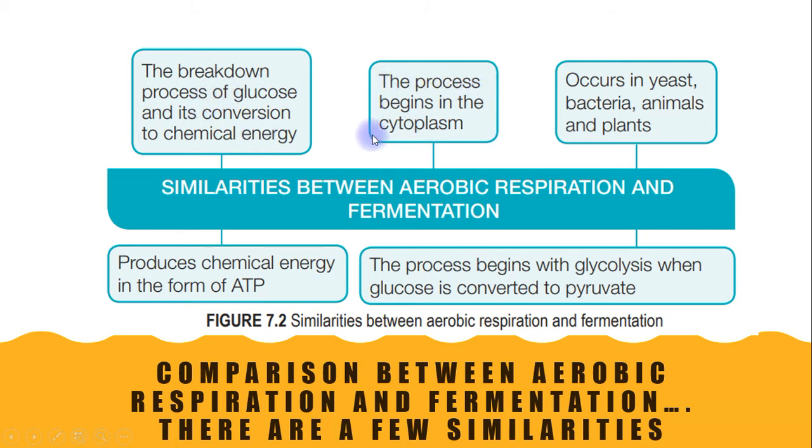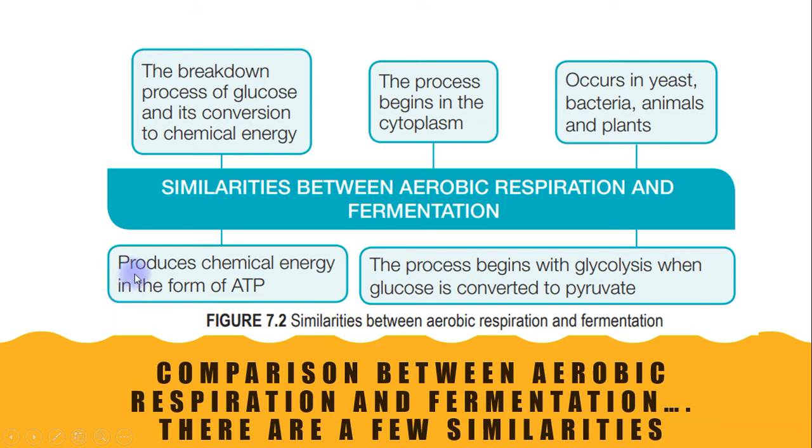Second, the process begins in the cytoplasm. Do you still remember the breakdown process of glucose? It starts with glycolysis, and glycolysis occurs in the cytoplasm. Third, aerobic respiration and fermentation occur in yeast, bacteria, animals, and plants. So both processes occur in yeast, bacteria, animals, and plants.